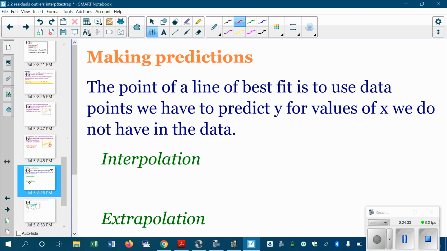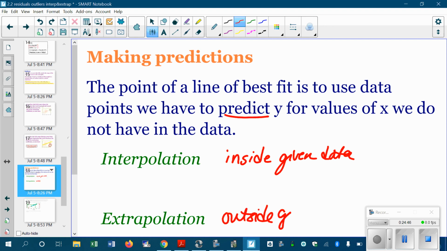So interpolation is when I am making a prediction inside the given data. Extrapolation is when I'm predicting outside the given data. Which one is kind of risky? Extrapolation is more risky.